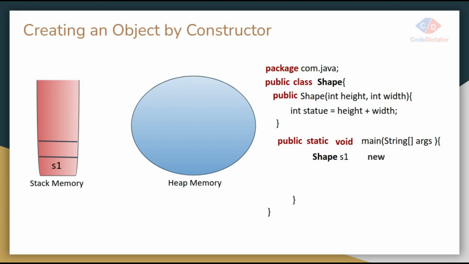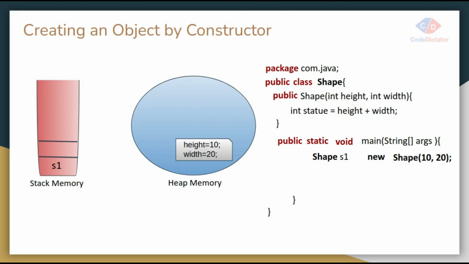When I use the new keyword, it creates one memory location, it takes some address in the heap memory. And when I call the constructor of my class, it writes all the properties at that specific location.